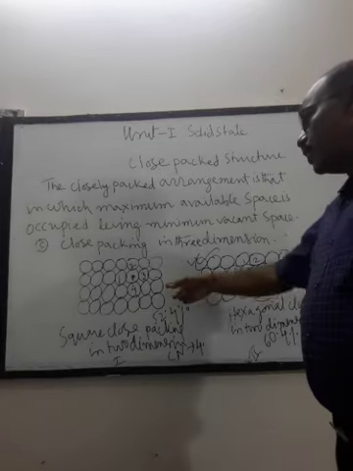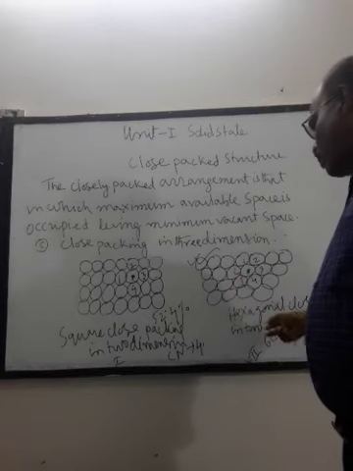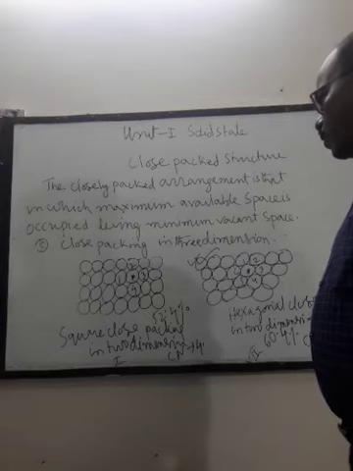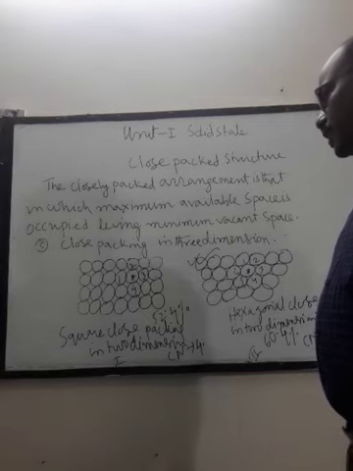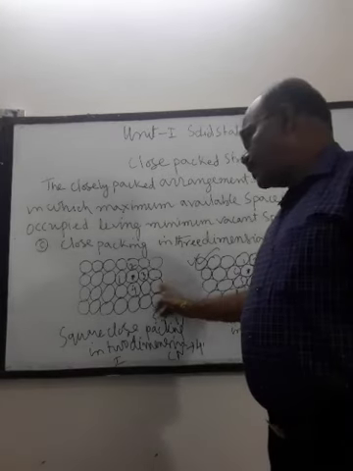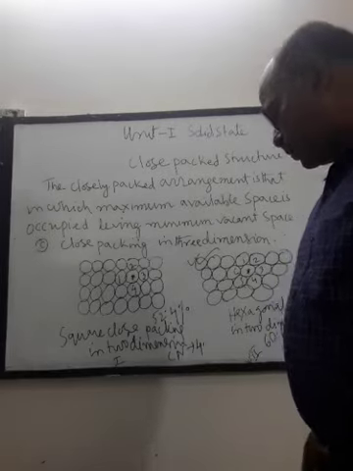But out of these two arrangements, since this one is more efficient because more available space is occupied, we consider 3-dimensional close packing, that is stacking over this one. So we neglect this one because this one is less efficient.